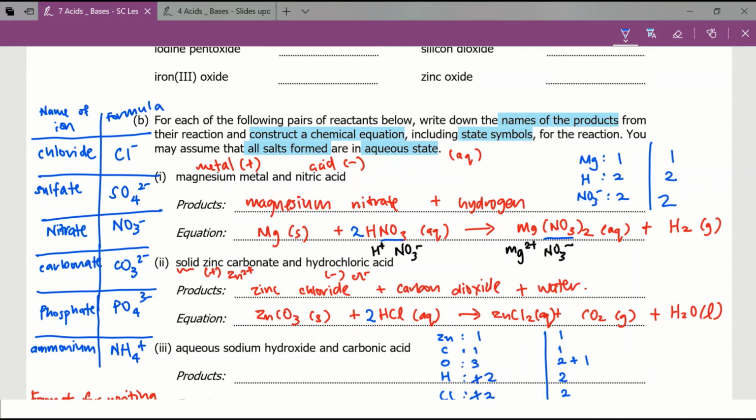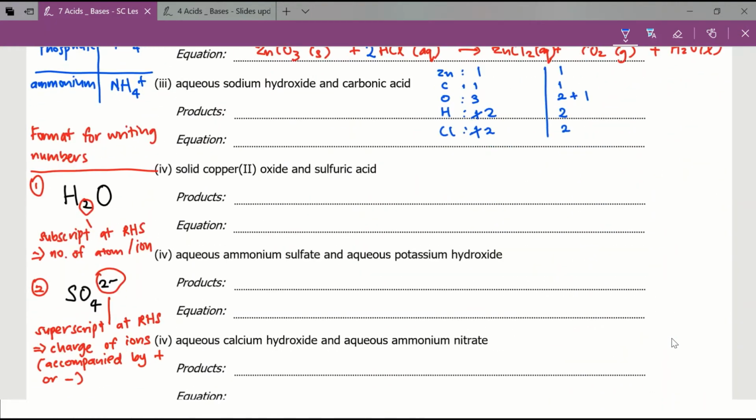As you look across the numbers now, you'll notice that they are all equal on both sides of the equation. Hence, this is our balanced equation: ZnCO3 (s) plus 2HCl arrow ZnCl2 (aq) plus CO2 (g) plus H2O (l). Okay, so that is for this equation.